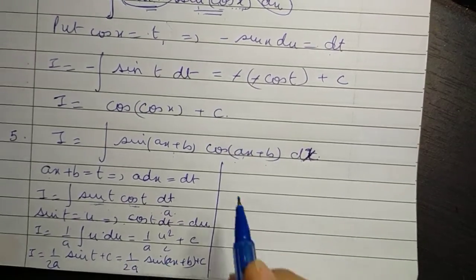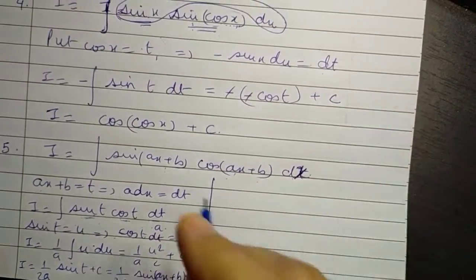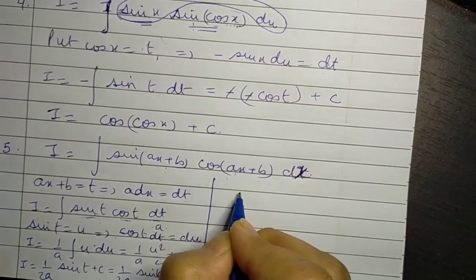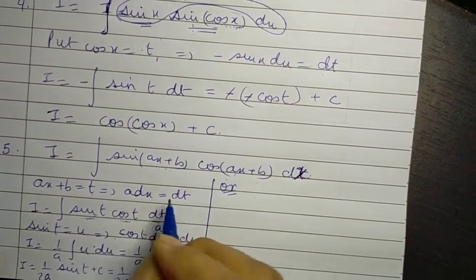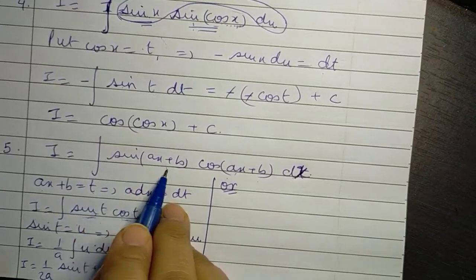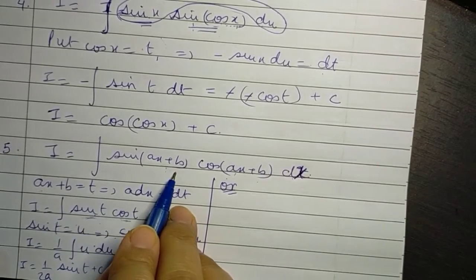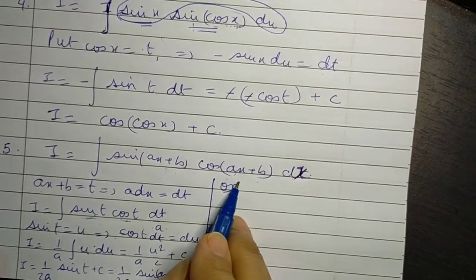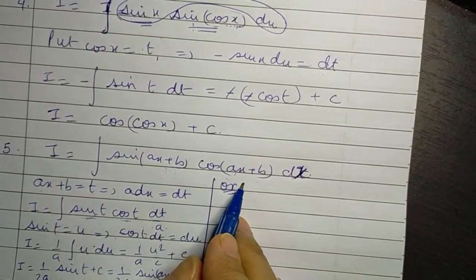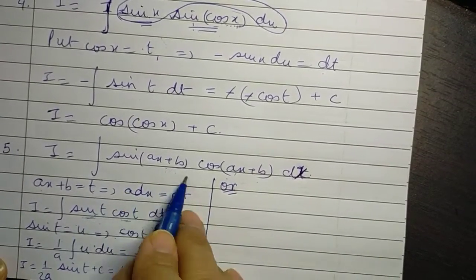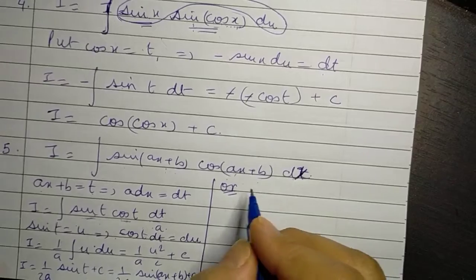Instead, another way of doing it is directly. We know that sine of ax plus b and cos of ax plus b are derivatives of one another. So any one entire function we can assume to be t.